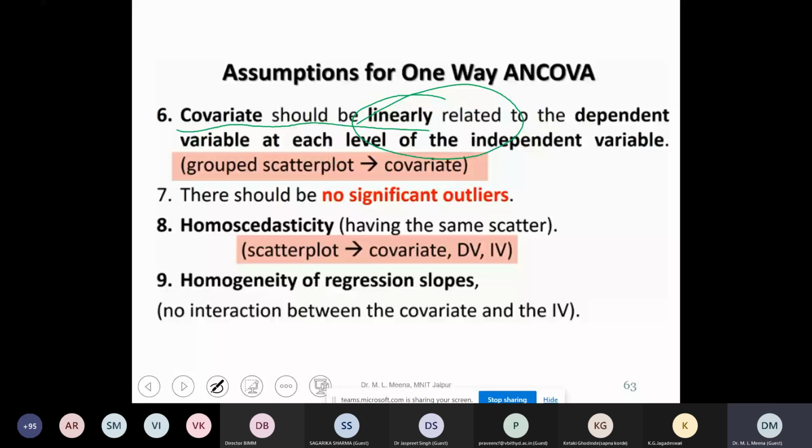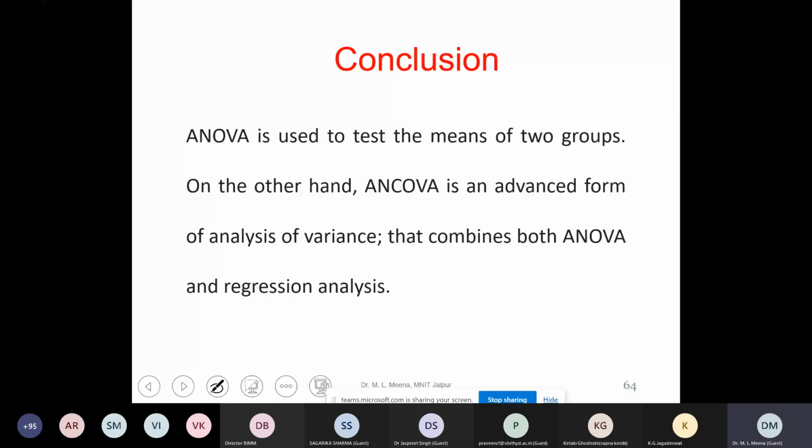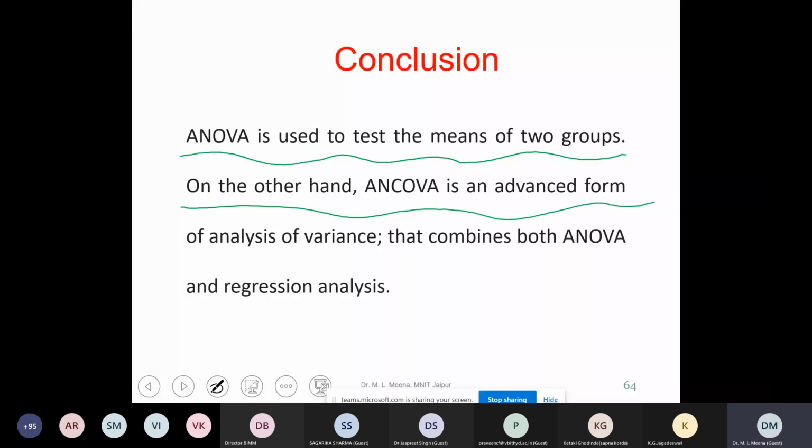So finally, the conclusion of today's lecture. ANOVA is used to test the means of two groups. On the other hand, ANCOVA is an advanced form of analysis of variance that combines both ANOVA and regression analysis.